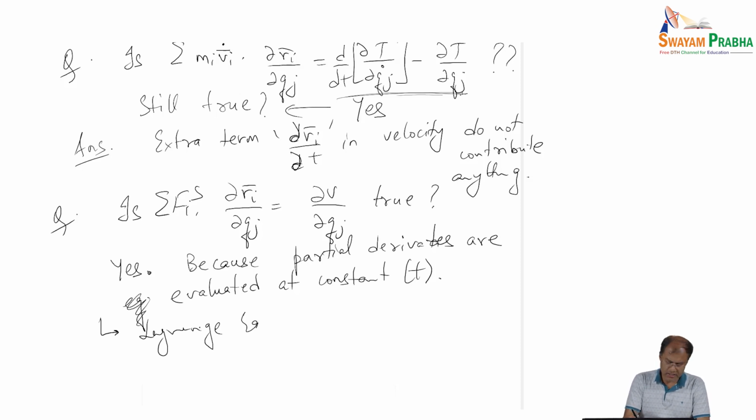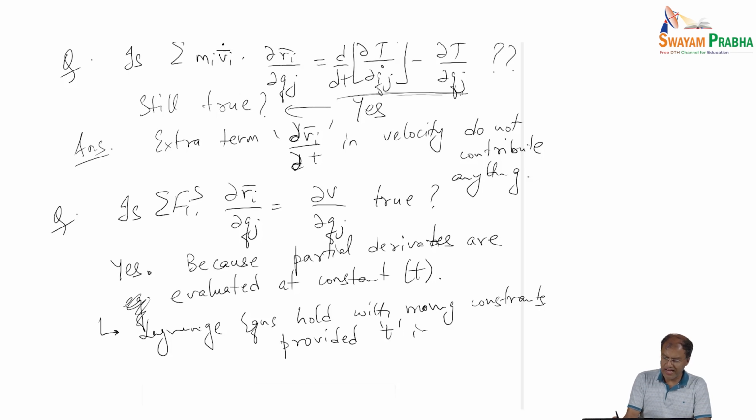The Lagrange equations hold with moving constraints provided t is an independent variable. T is an independent variable, right?